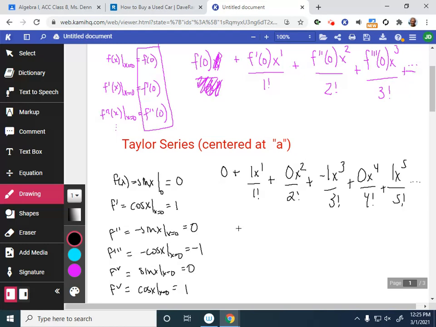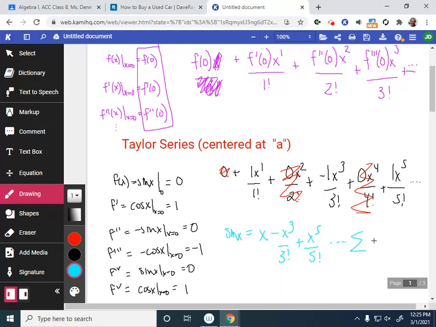So like we were saying in class, any term that fell out to be 0, we don't include. We're not going to include any of these in our final series. We're only going to include the non-zero terms. So sine of x is x minus x to the third over 3 factorial plus x to the fifth over 5 factorial, and so on. Yeah, that's what we got for sine.